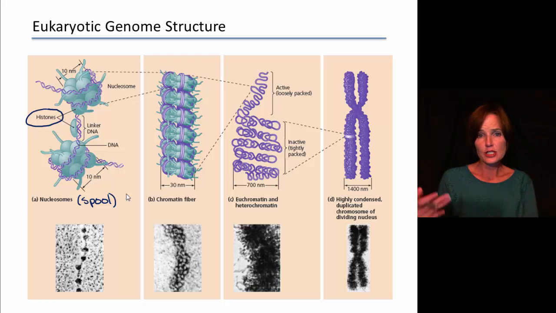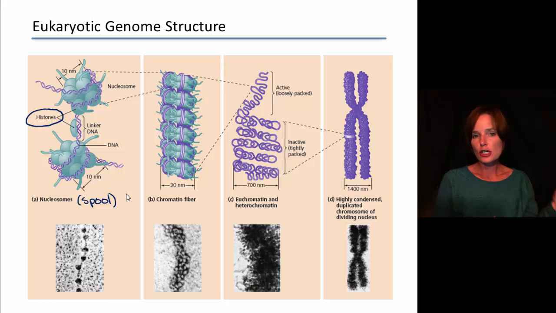Once we get it wrapped around the spools, around the nucleosomes, you can see that we make an even thicker structure when we coil it even more. In the first image we have a purple DNA molecule and some green protein.